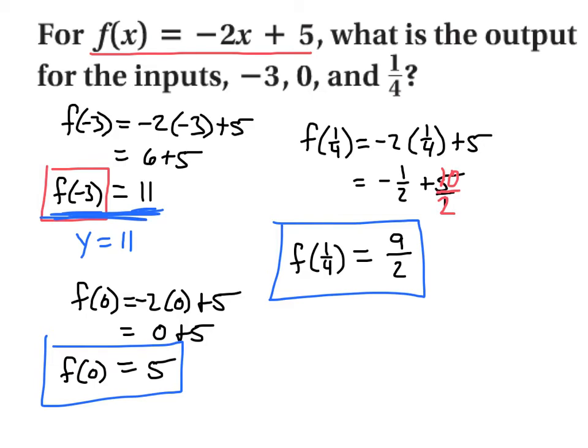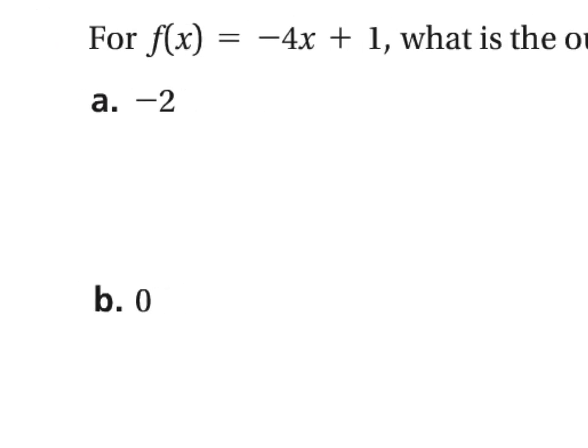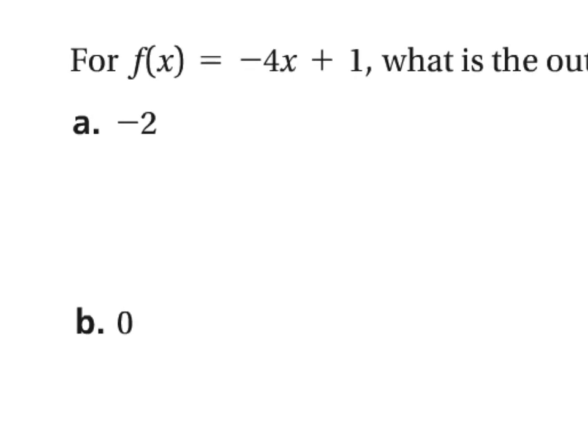Okay, so taking a look then at this next set, I'm just going to do one of these real quick. The whole point of this, again, if I plug in -2 into my function, f of -2 equals -4 times -2 plus 1. So I get 8 plus 1, or 9.